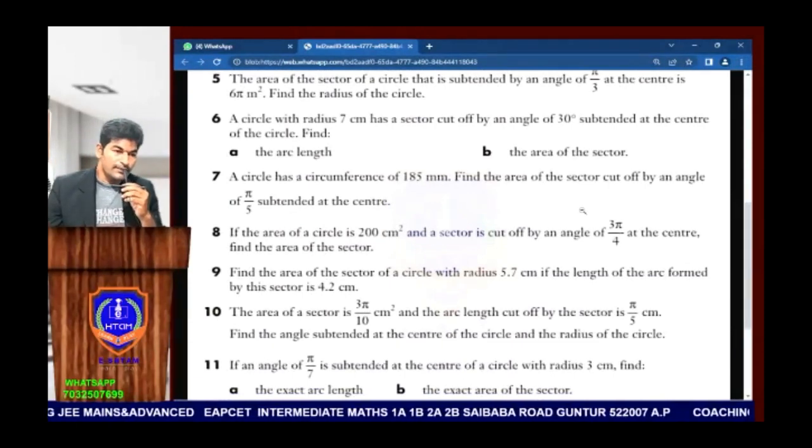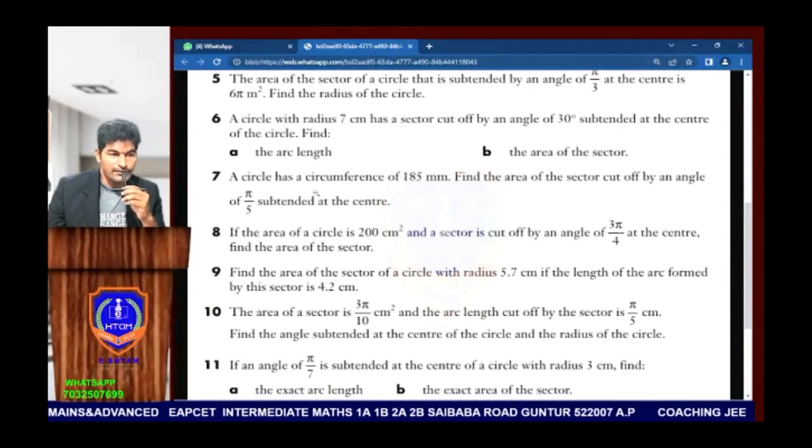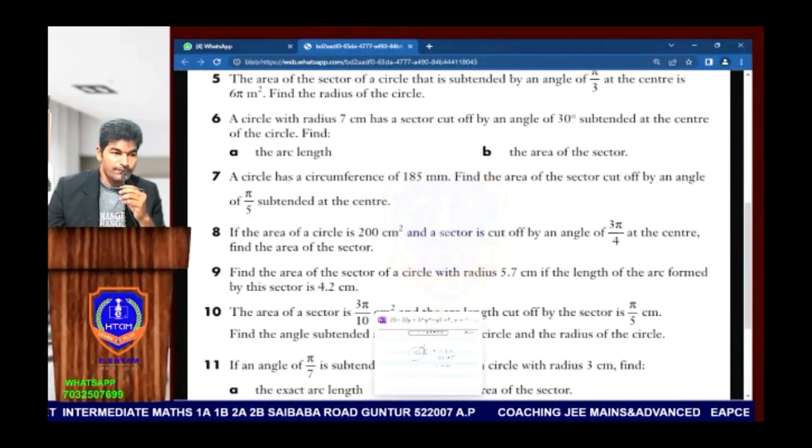A circle has a circumference of 185 millimeters. So L was given to you. The circle's circumference, 2 pi r, is given to you: 185 millimeters. Find the area of the sector cut off by an angle pi by 5 subtended at the center of the circle.